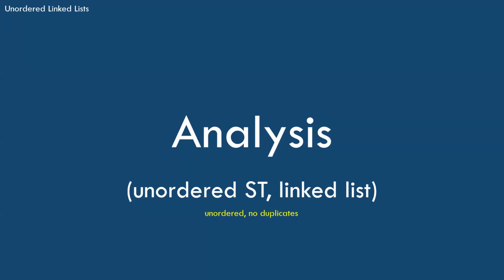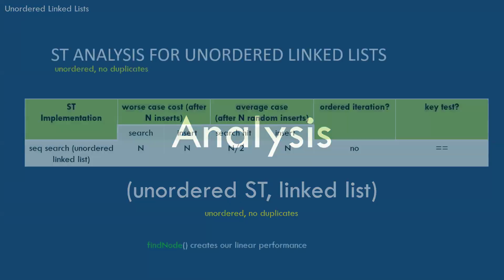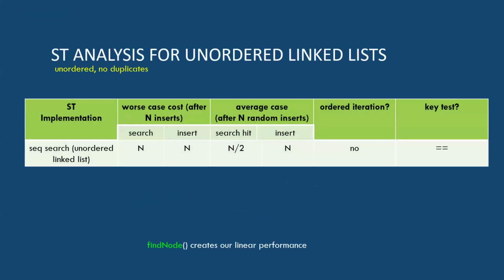So what's the analysis for this? Just real quick, it's relatively obvious. If we need to search for something, our worst case after n inserts is going to be n, right? We got to search n times to find something. If I want to insert something with no duplicates, then my insertion cost is going to be n, because I have to make sure I don't need to update an existing item, right?